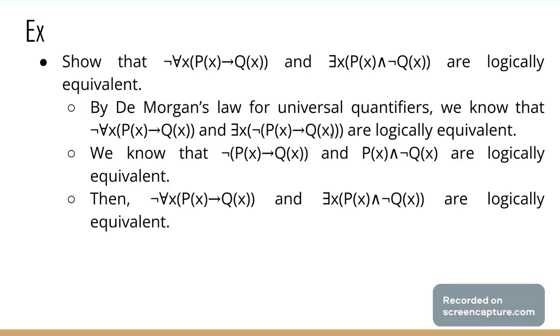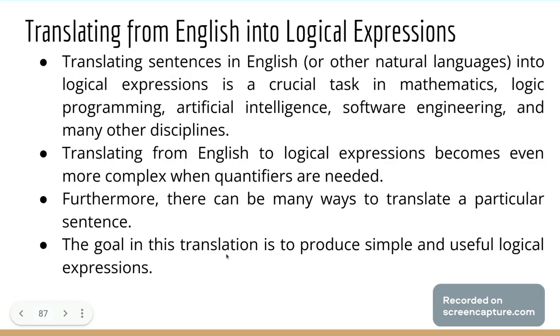So this whole statement's negative, that is, this conditional statement, effectively becomes P of x and not Q of x, and for all becomes there exists. So we have shown that the left hand side is equal to the right hand side. Similarly, we can go backward using the same steps, from the right hand side to the left hand side. So these two statements are equivalent.